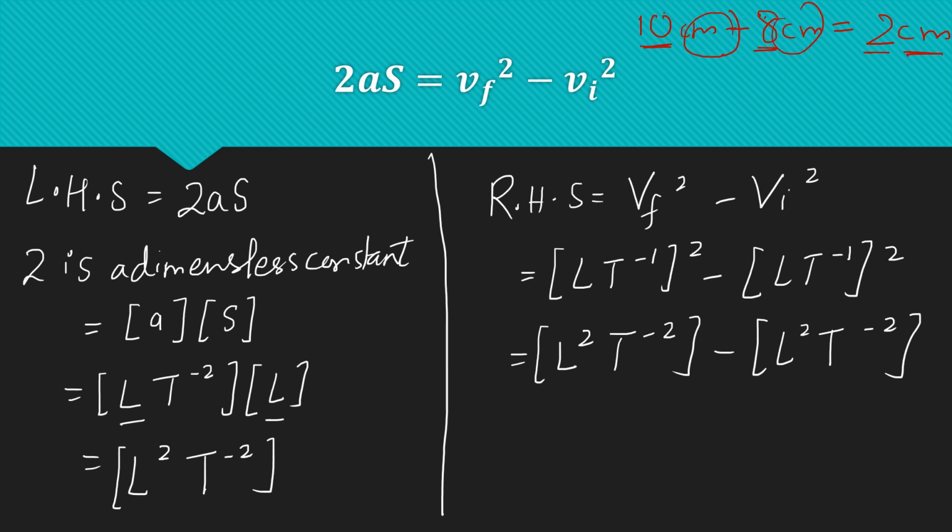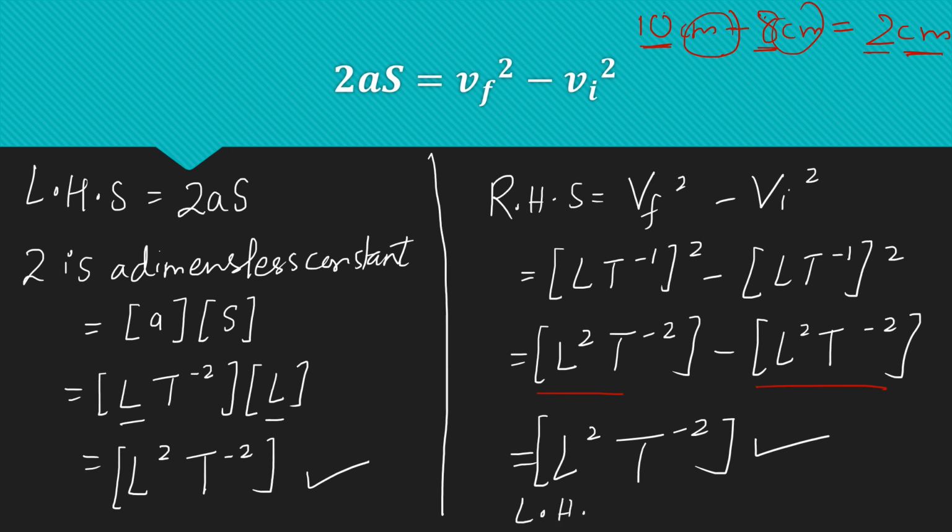There is no change in the dimension. So when you subtract two dimensions, it will be equivalent to that dimension only. So L square t minus 2. You can see the left hand side is equivalent to right hand side, so you can conclude that the homogeneity of this equation has been proved.